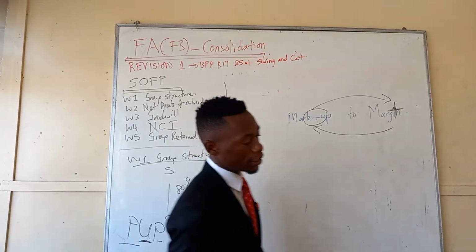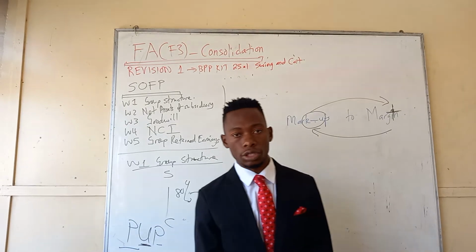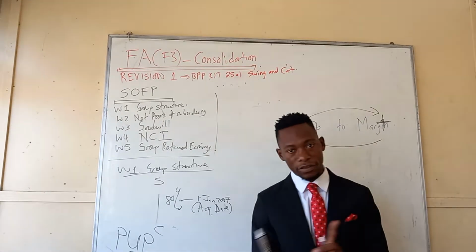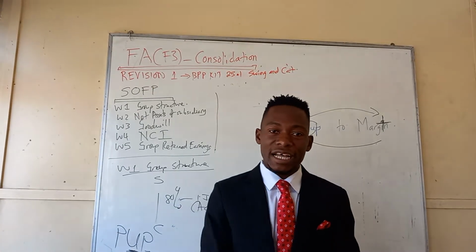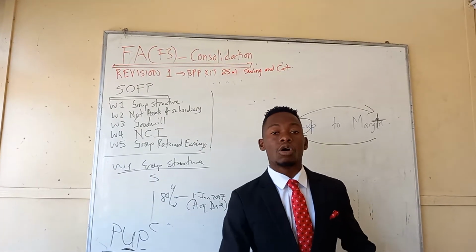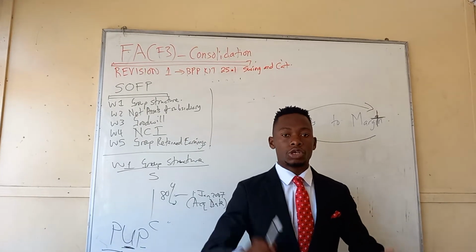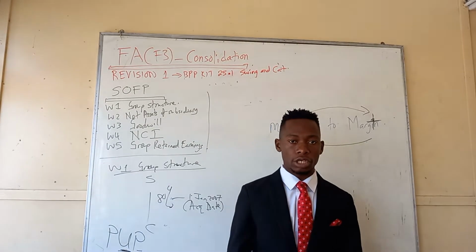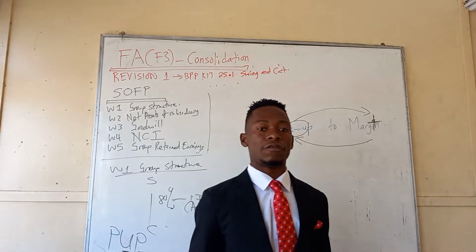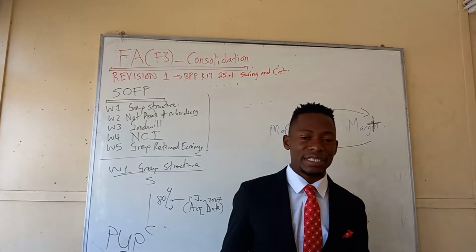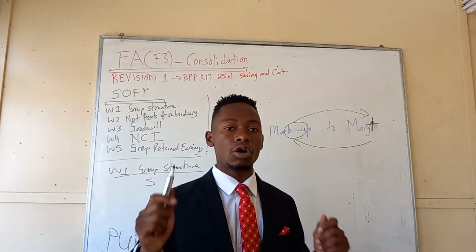Remember, I said that when the parent sells goods to the subsidiary or even the subsidiary to the parent, that's an intercompany, an internal transaction, or it's called intragroup. Any intragroup transaction must not be included in the consolidated statement of financial position or even in the profit or loss. We must eliminate any internal transaction.